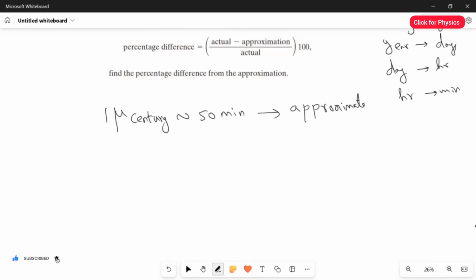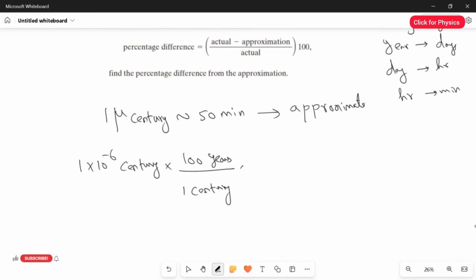Micro means here 10 to the power of minus 6. So 1 multiplied by 10 to the power of minus 6 century, we have to convert, because we know in 1 century how many years we have? We have 100 years. And likewise in 1 year how many days?